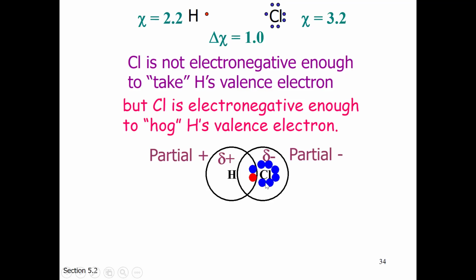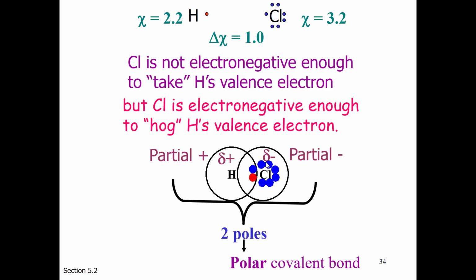It's in chlorine's realm of influence much more than it is in hydrogen's, and the chlorine is going to be partially negative. So since there are two poles in this bond, it's called a polar covalent bond.